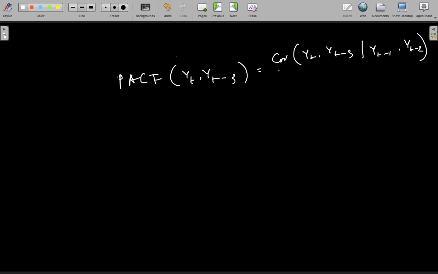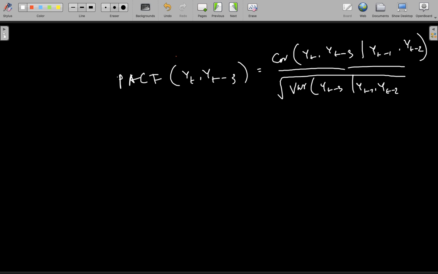That's my AR series, where yt minus 1 and yt minus 2 terms come before yt minus 3. In the denominator, we take the variance of yt minus 3 given yt minus 1, yt minus 2, and another variance term, the variance of yt.